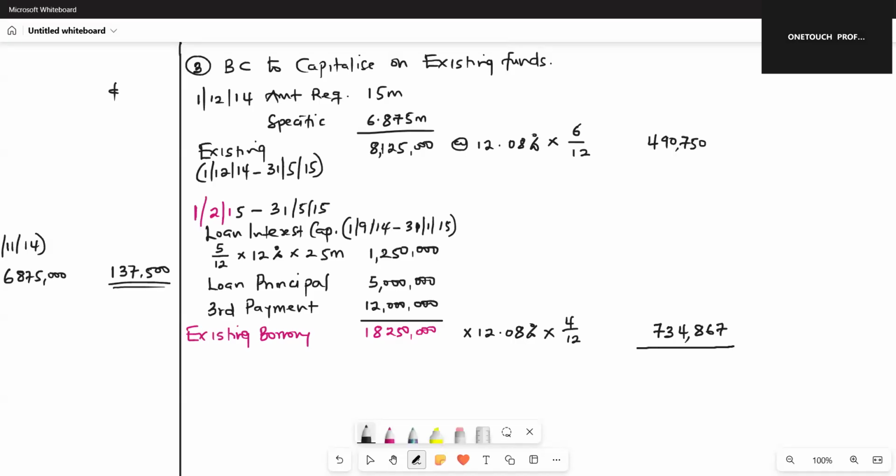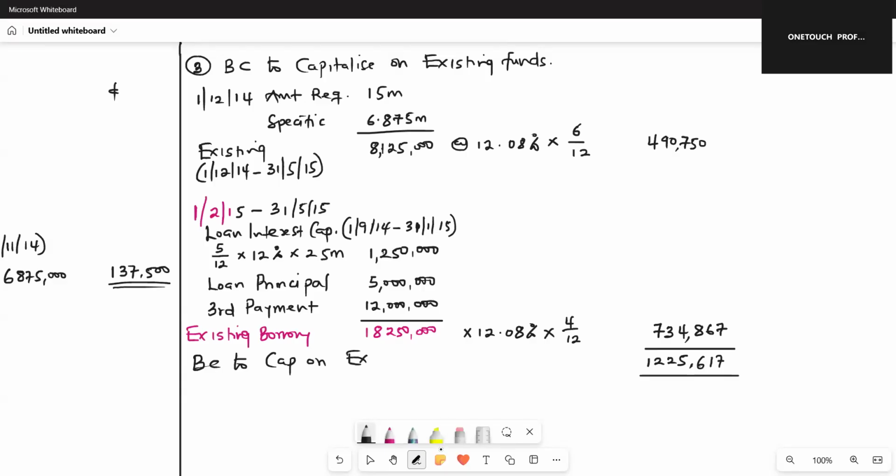When you add, how much? 1,225,617. So this is the borrowing cost to capitalize on existing.